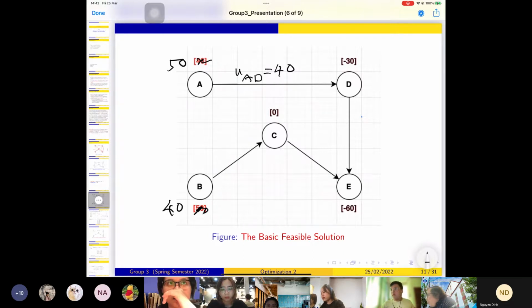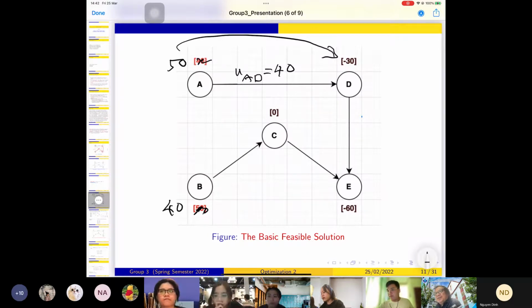Then you cannot move all the 50 from here to here. Is that right? When you understand? If UAD is bounded by 40, then you cannot move all the 50 to this. You need to move 10 to here.